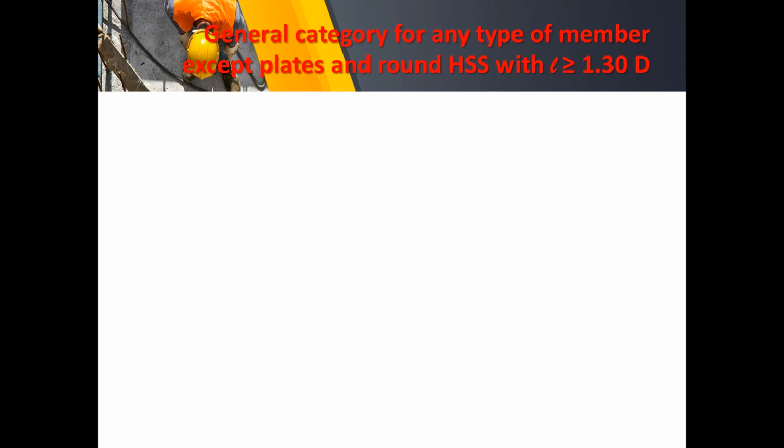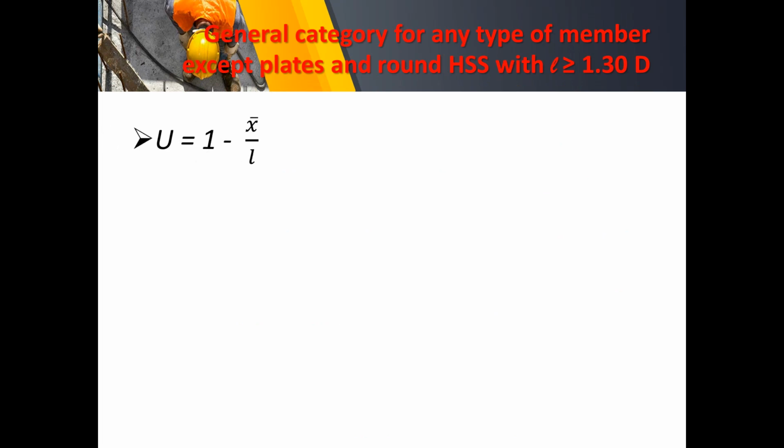So for the first provision on the calculation of our reduction factor, we have the general category for any type of member, with the exemption for plates and round hollow sections with L greater than or equal to 1.3D.